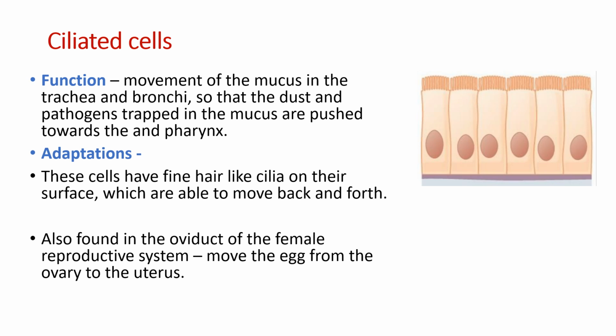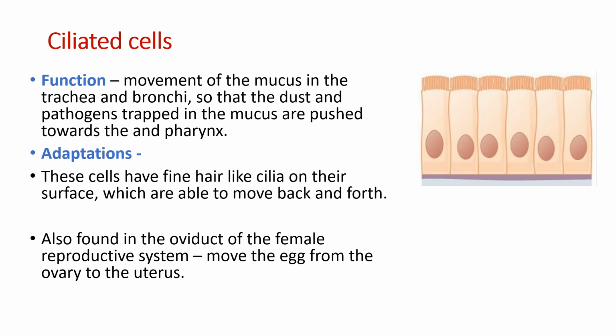So whatever dust particles and microorganisms enter will get trapped within the mucus. These cilia are able to move to and fro and send the mucus that contains dust and pathogens towards our pharynx so that we can swallow.